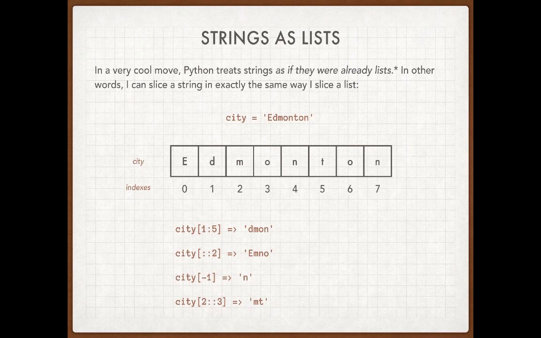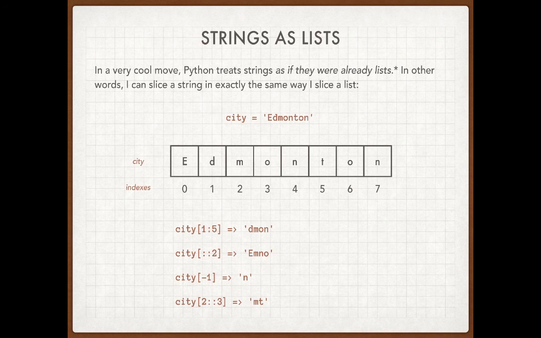Well, in Python, we don't have to. So Python says, I am going to allow you to slice a string in the same way you would slice it if it were a list. It isn't a list, but I'm going to let you pretend like it's a list so that you can pull stuff out.